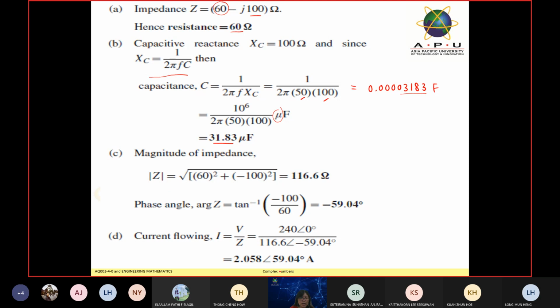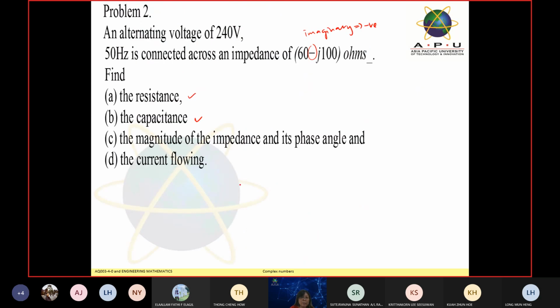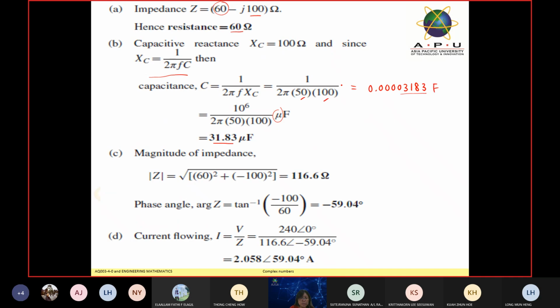So next, you are asked to find the magnitude of the impedance and the phase angle. To find the magnitude of the impedance Z, remember we are taking the square root of a square plus b square, the square of the imaginary part and the square of the real part.